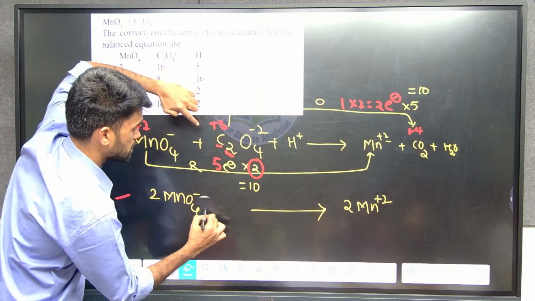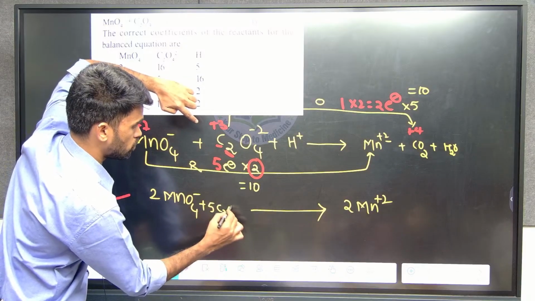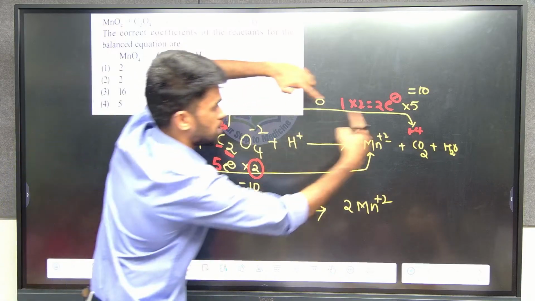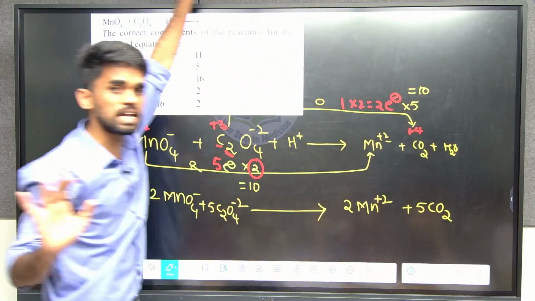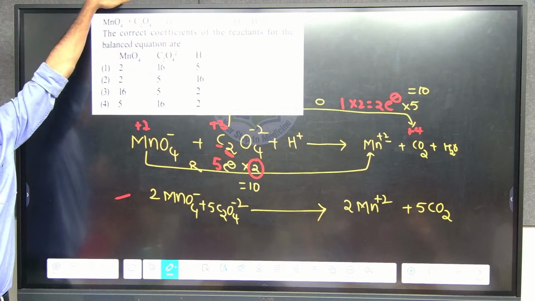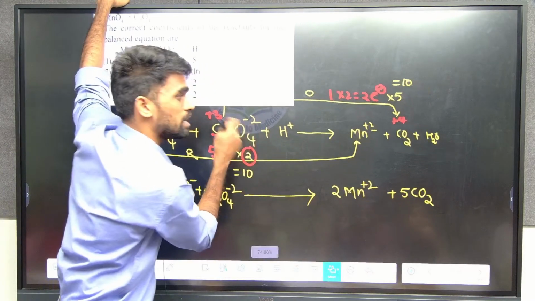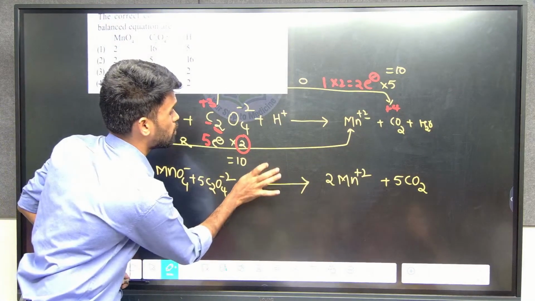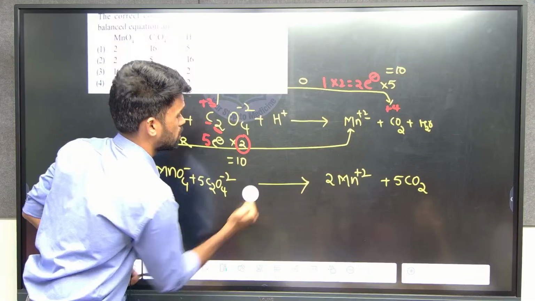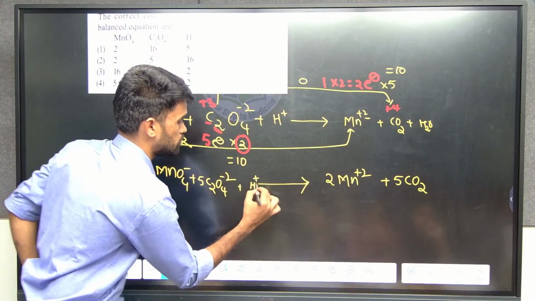So plus 5 C2O4 2 minus on this side, giving 5 CO2. Is this clear up to here, everyone? Is this clear or not? Okay. If not, again I will explain, but let us finish this first. So now what are the other parts we have, other things they have included? You just write them as it is. Don't disturb them.